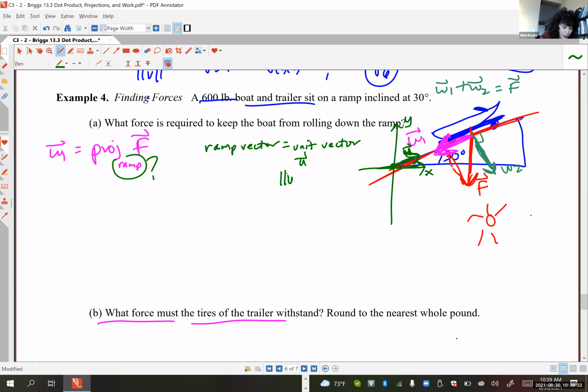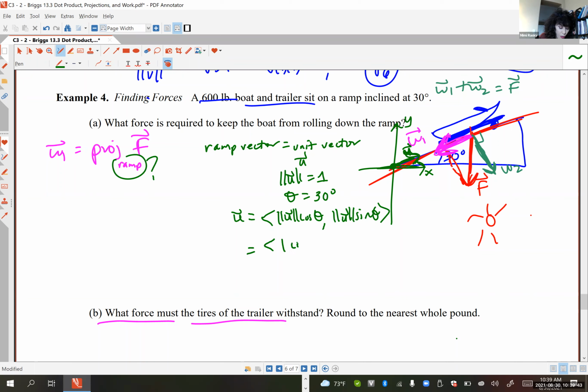Now, the magnitude of this unit vector is 1. And the angle that it makes with the positive x-axis is 30 degrees. So we can easily use this resolution of a vector into its components. This works for 2D vectors only.